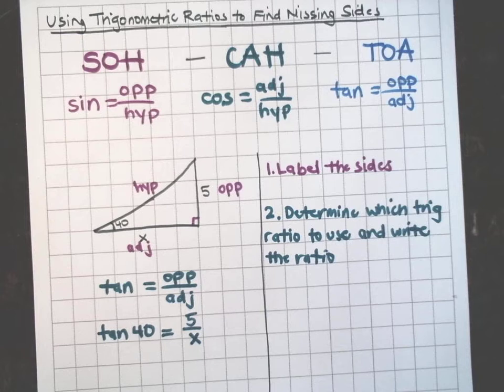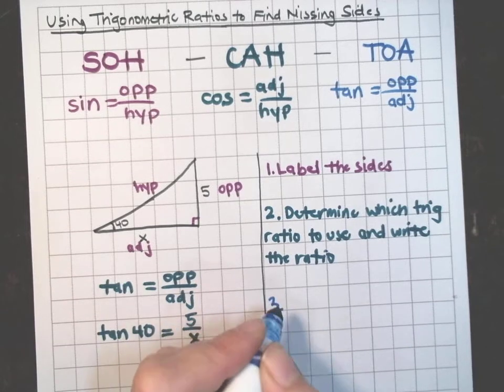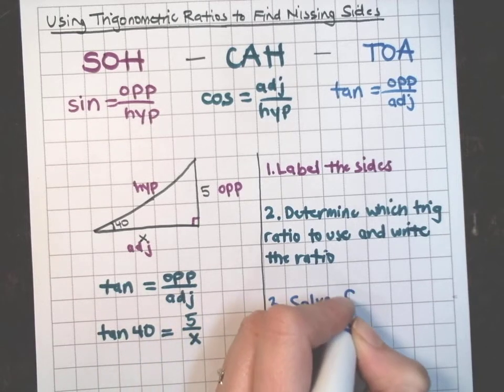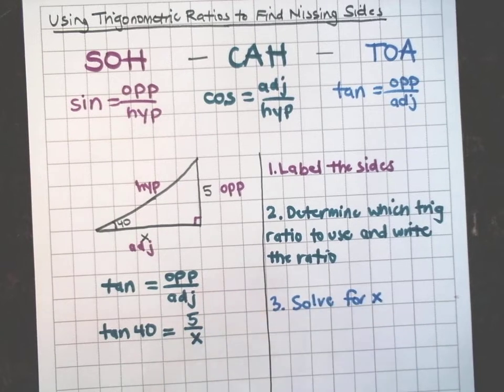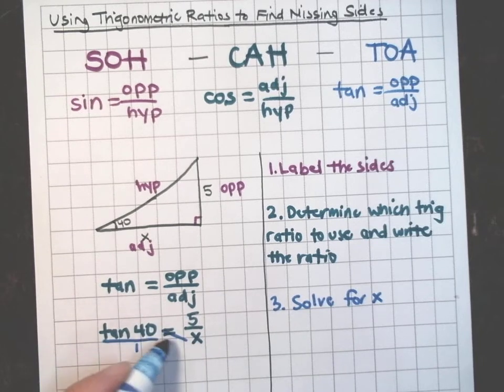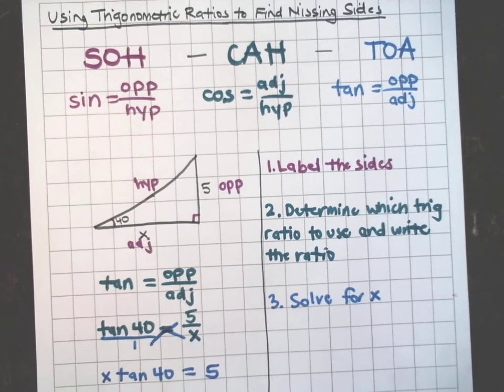And so then our next step is we need to solve for x. So that means we can do some cross multiplying. So we have x times the tangent of 40 equals, we cross multiply here, 1 times 5, which is 5.